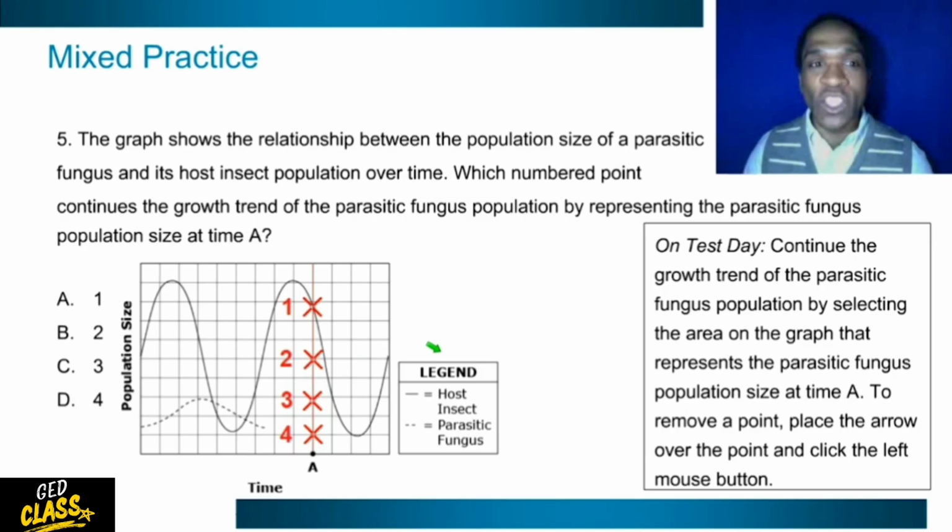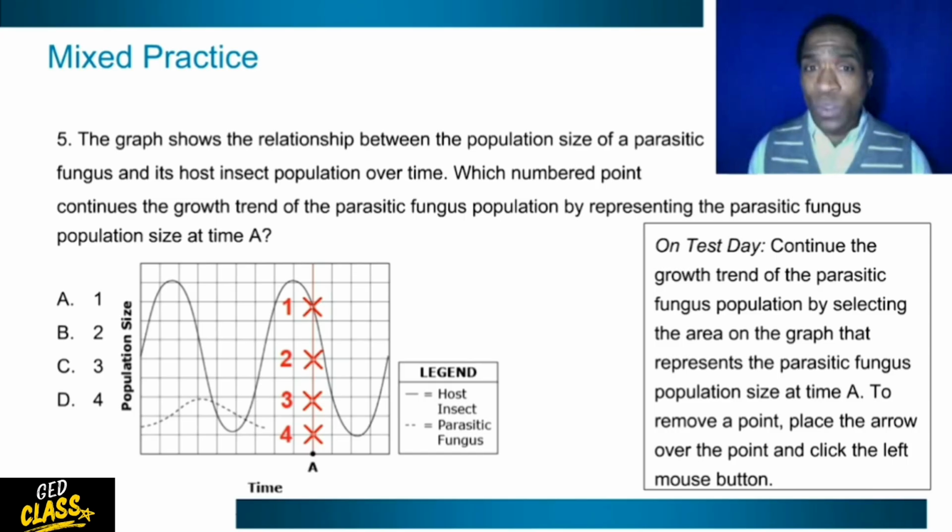Now, to figure out which point at time A continues the growth trend of the fungus, you'll need to know what the trend is before time A. So pause this video again. Take a look at how the trend of the fungus line responds to the trend of the host insect line.